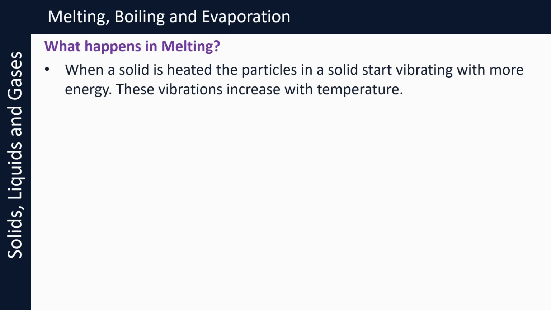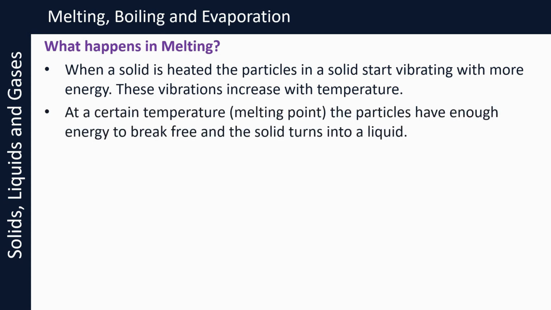The regular pattern of the solid breaks down, the particles slide past each other, and the solid starts to expand. At a certain temperature, called the melting point, the particles have enough energy to break free and the solid turns into a liquid. This physical change is called melting. The melting point of a material is the temperature at which it changes from solid to liquid.